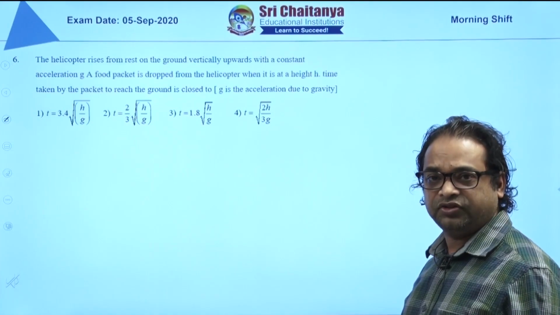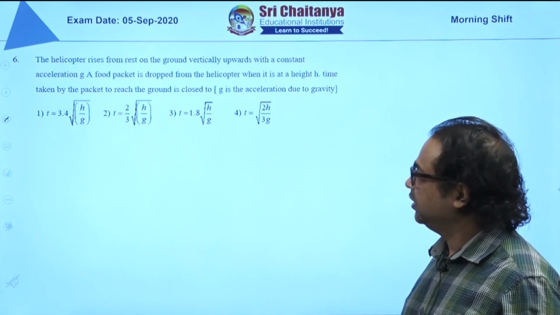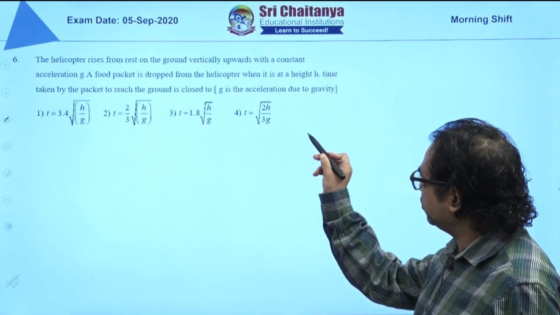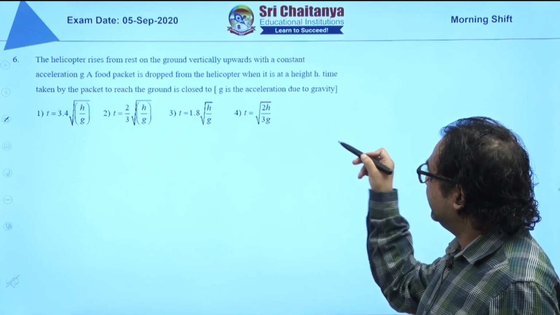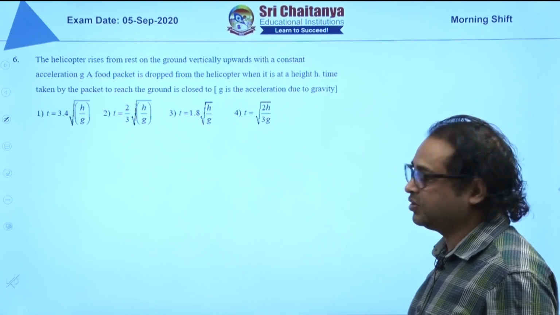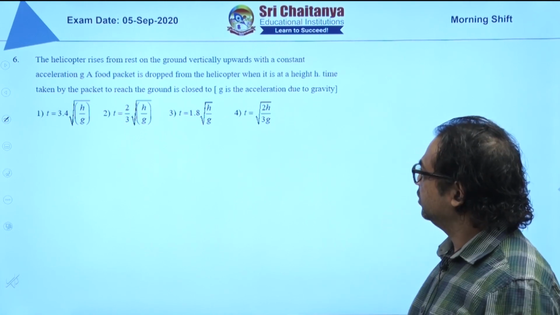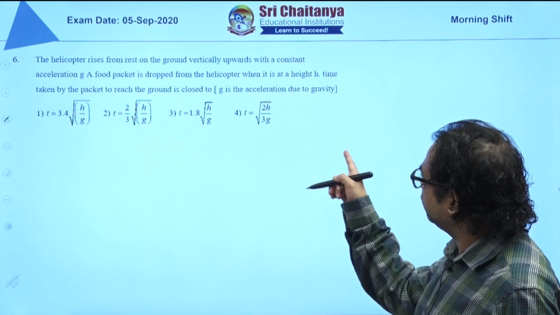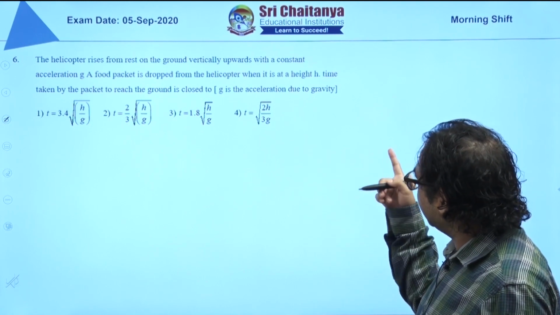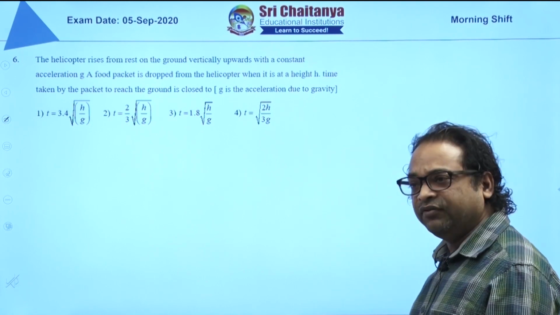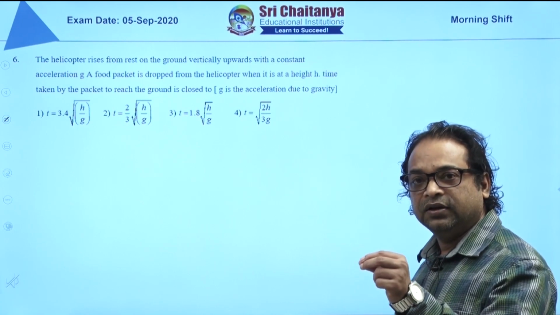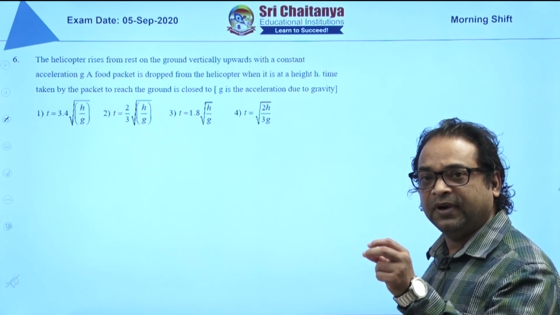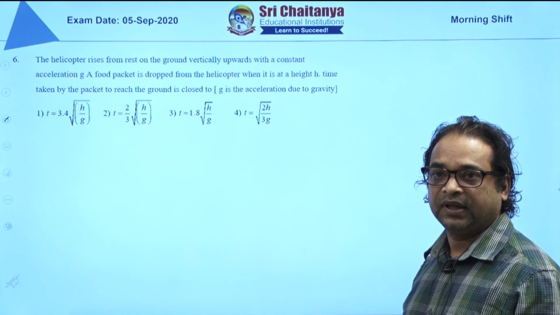So, let us start question number 6. Helicopter rises from rest on ground. It moves vertically upward with constant acceleration g. A food packet is dropped from the helicopter when it is at a height h. What is the time taken by the food packet to come from height h to ground?